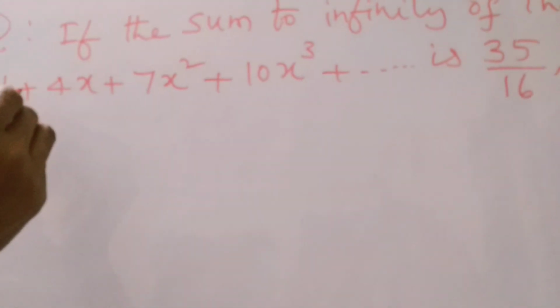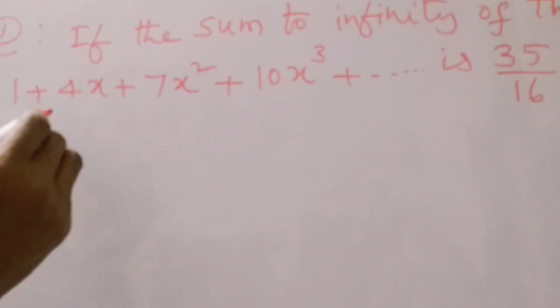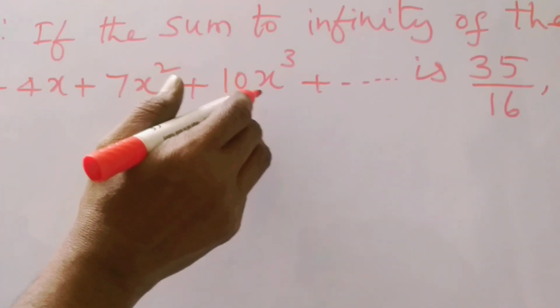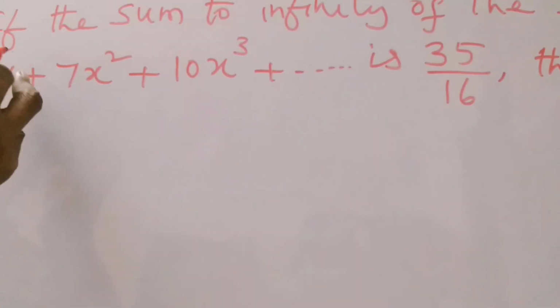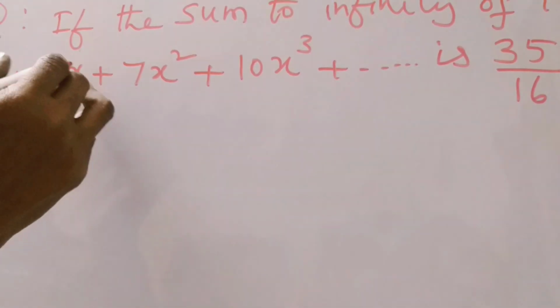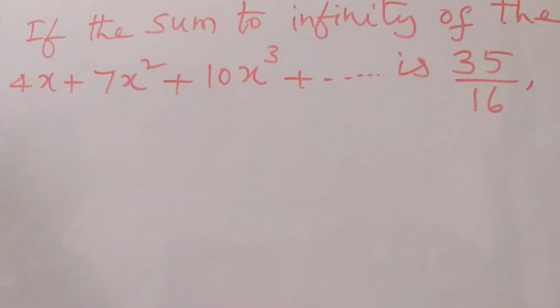The sum to infinity of the series 1 plus 4x plus 7x square plus 10x cube plus and so on is 35 by 16. Now we have to find the value of x.